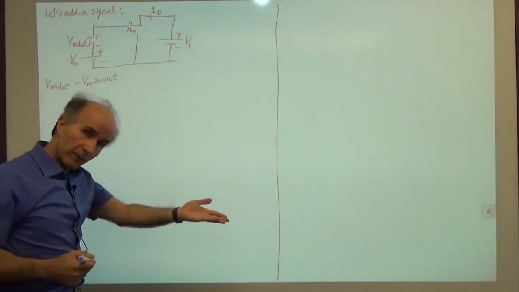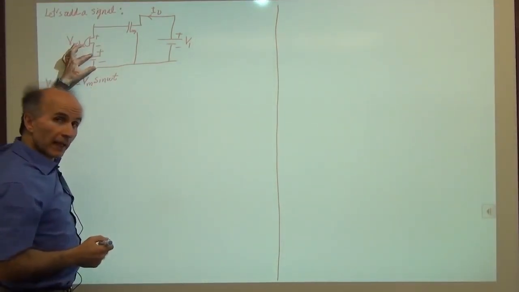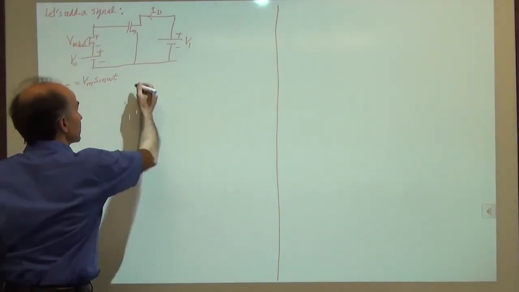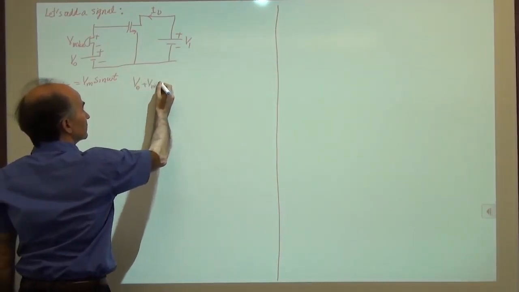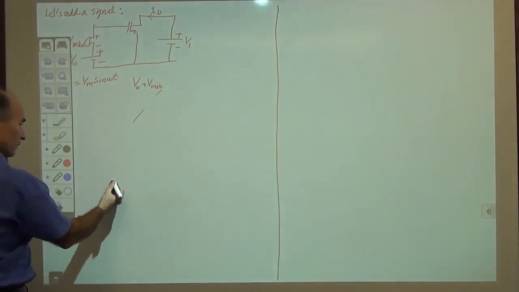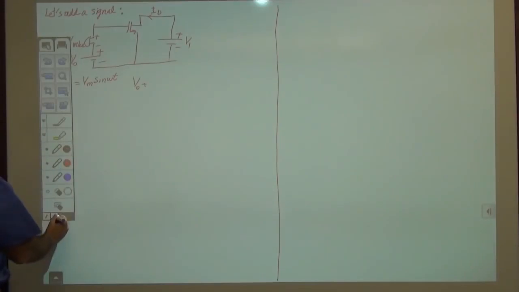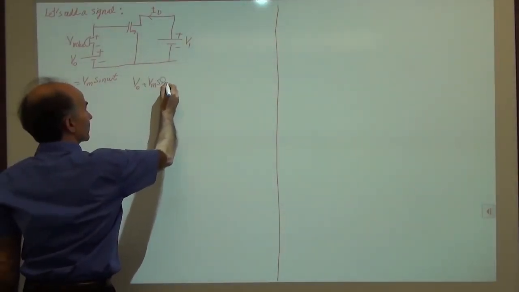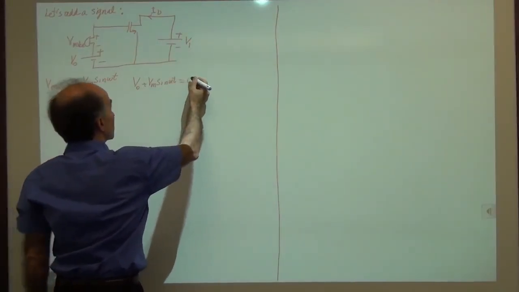Well, I have the same equation as before, except that V0 is replaced with V0 plus V mic. So I'll just write the equation for it. V0 plus Vm sine of omega t is equal to, what did we have there?